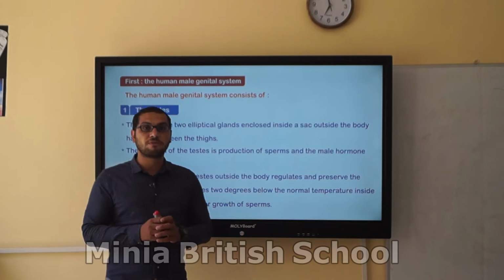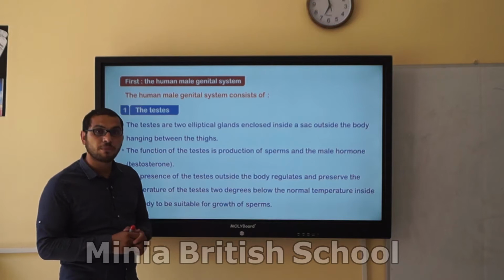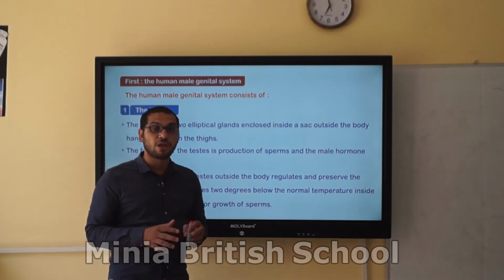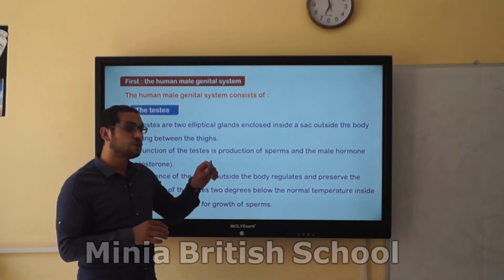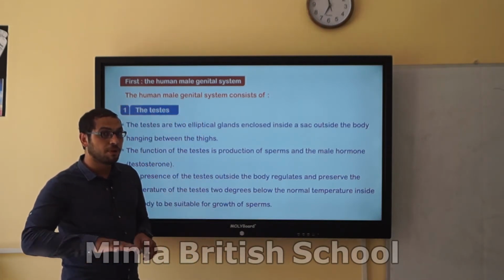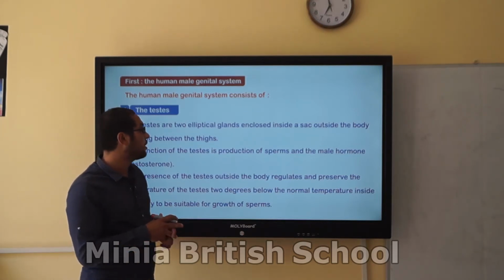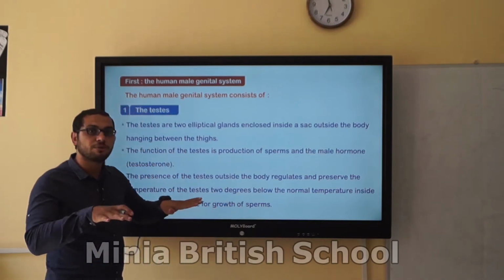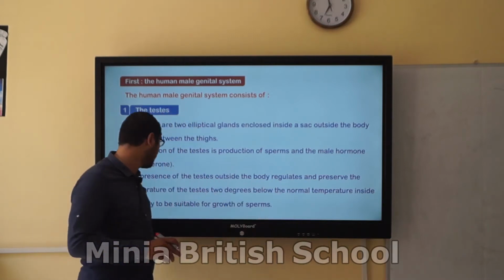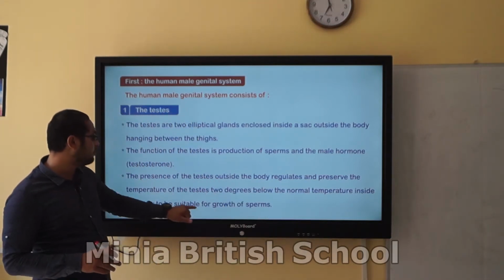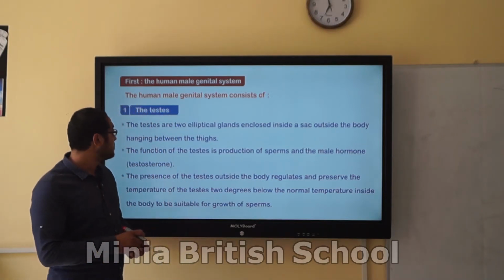Okay, what about the function of the scrotum? The scrotum regulates and keeps the temperature 2 degrees Celsius below the normal body temperature, which is suitable for the growth and development of sperms.